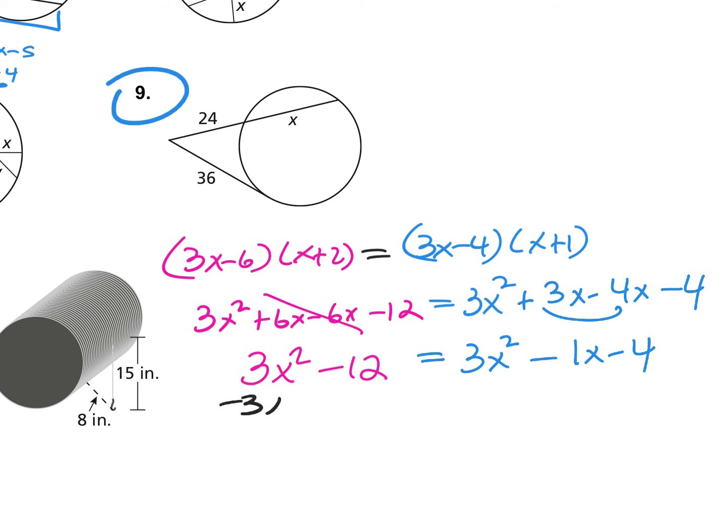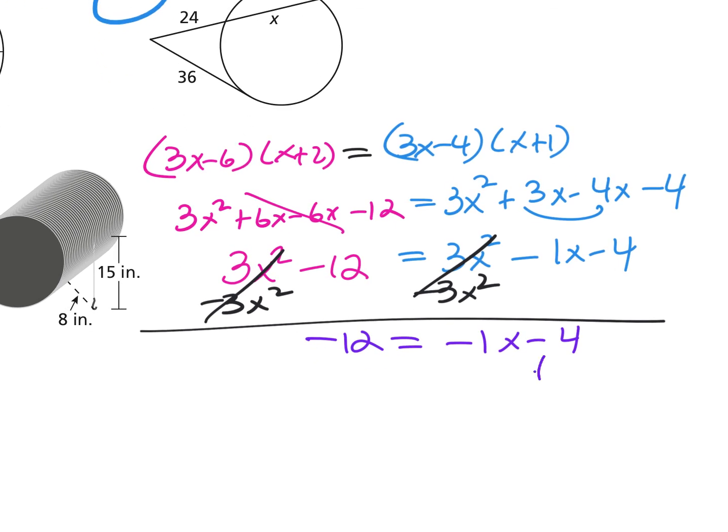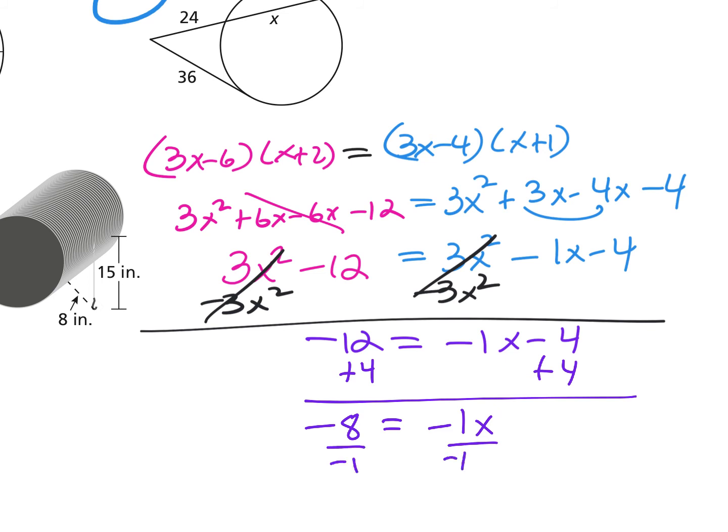So as soon as I try to put the x squareds together, notice it cancels from both sides. Then I'm left with negative 12 equals negative 1x minus 4. Add the 4. This one you didn't have to factor because your x squareds canceled. Sometimes that happens. And you end up with only one answer, x equals 8.